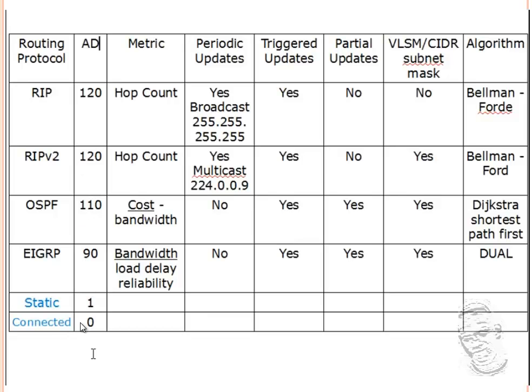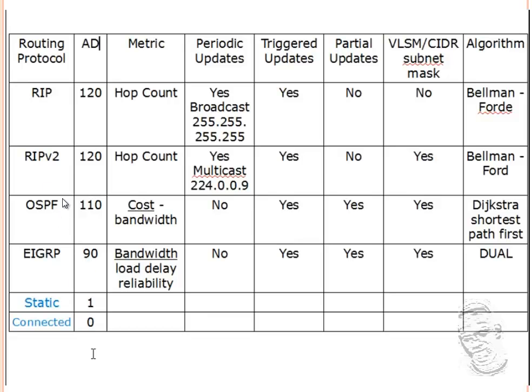For directly connected routes, the administrative distance is 0, because they are sharing the same router information, so their trustworthiness is much higher. And static routes have an administrative distance of 1, because these are administered by the administrator. So it's only obvious that if the administrator sets up static routes, the administrative distance in terms of trustworthiness would be 1.